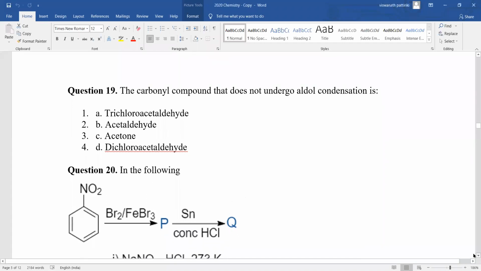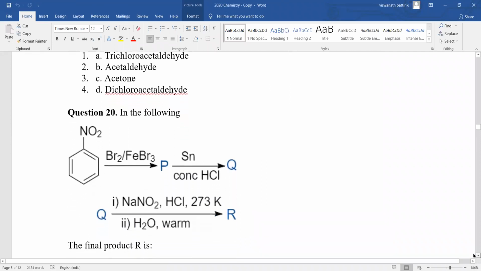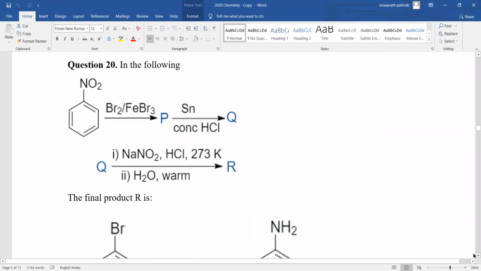And the next one is Br2 FeBr3, HNO3 conc. H2SO4, Sn HCl, NaNO2 HCl. See, if you see this reaction, no need to go for options here. This is an electrophilic substitution reaction, and NO2 is a meta-directing group, right?